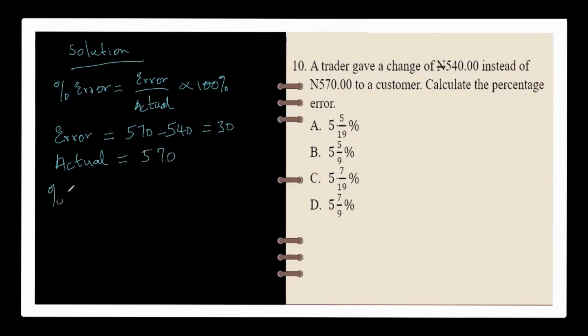So let's now calculate the percentage error. That will give us error over the actual, which is 30 over 570 times 100%.